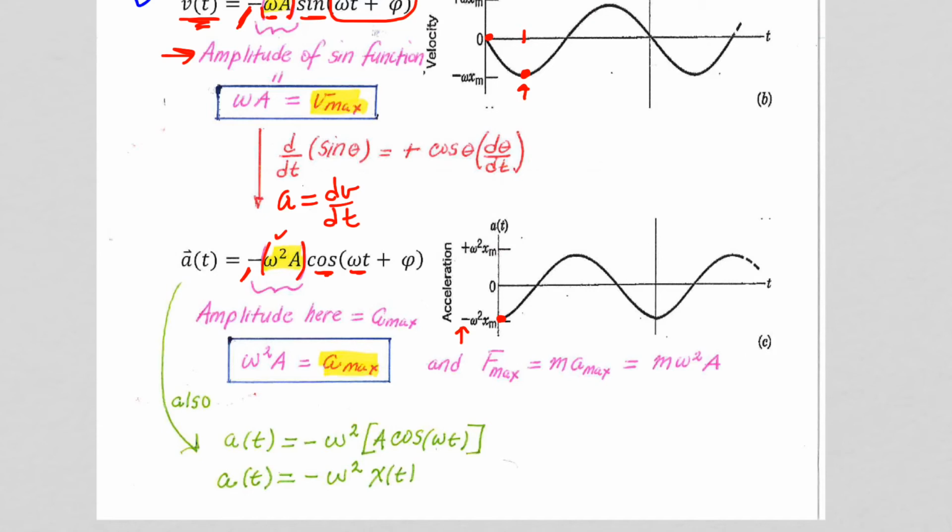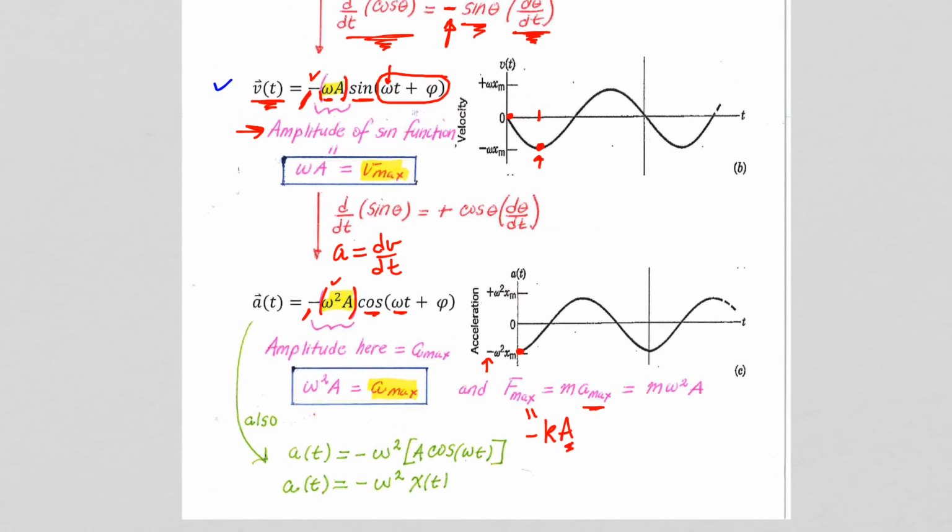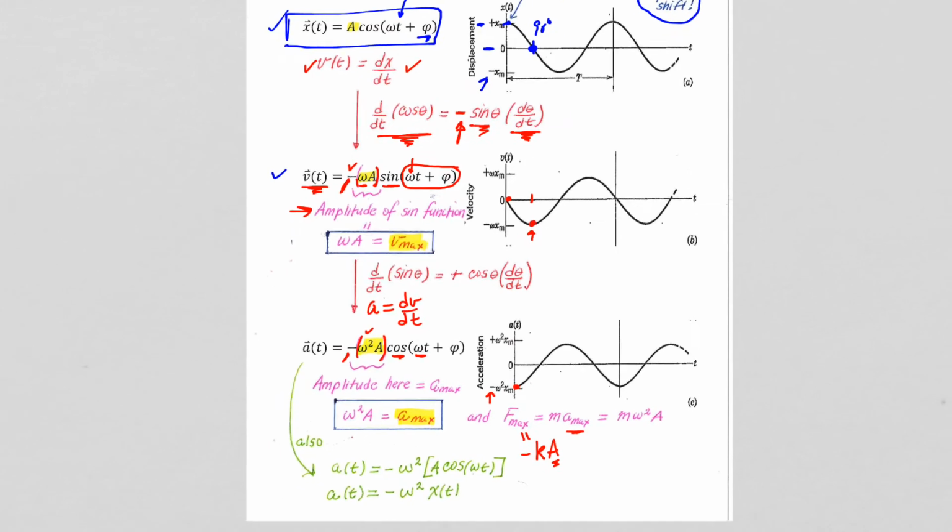The spring has its maximum force when it's pulled the furthest to the right. So it's got its maximum acceleration at F max, which is minus k times the amplitude, right? So we'll have our maximum acceleration, and if we look at our acceleration function, boy, the math falls together nicely.